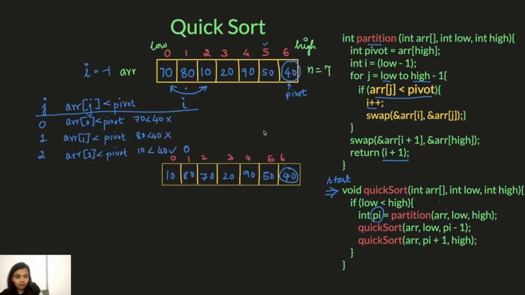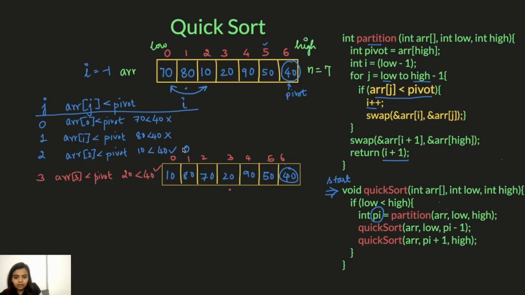Now we still have to continue with the j loop till high minus 1. So j will now be 3. And again we check, is array of 3 less than the pivot? Array of 3 is 20. Is 20 less than 40?